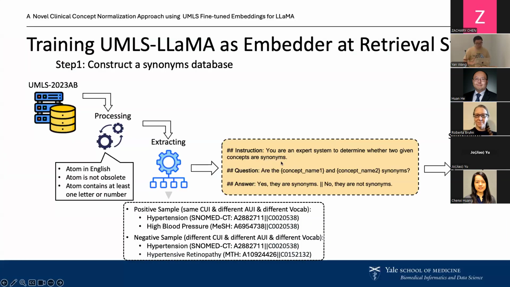In order to train the UMLS-LLaMA as an embedder at the retrieval stage, the first thing is to construct a synonym database. In this study, the primary focus is on developing an embedder based on UMLS data.